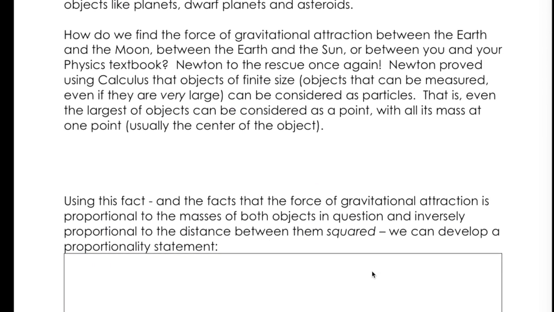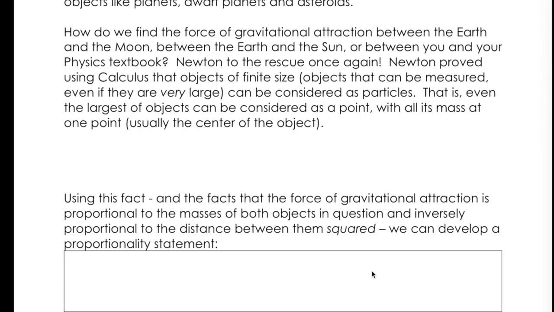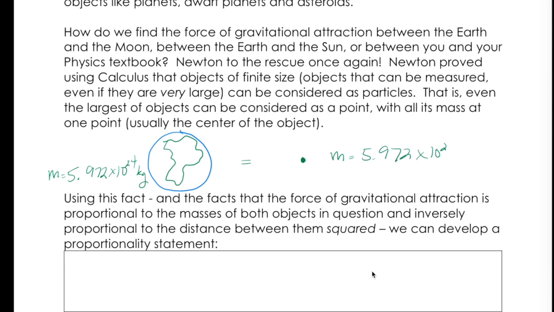Newton allowed us to figure this out, and what he basically said was that for objects in space, and here's my image of Earth, if we have Earth and it has a mass of 5.972 times 10 to the 24th kilograms, even these large objects can be considered as just a point, with all of its mass concentrated in the center, so this would equal the same mass of 5.972 times 10 to the 24th kilograms.